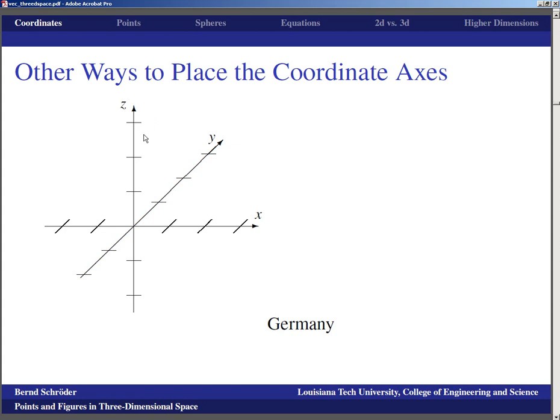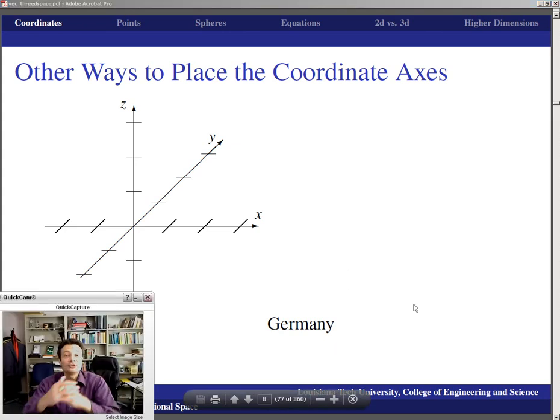And the coordinate system that is most customary in the United States would be obtained from this coordinate system by just rotating it around the z-axis until the y-axis goes across and the x-axis comes towards us. And these kinds of mental rotations are certainly one of the next things that you want to be able to do.